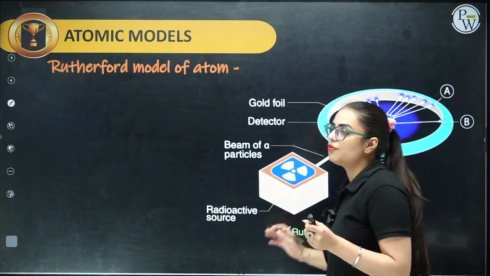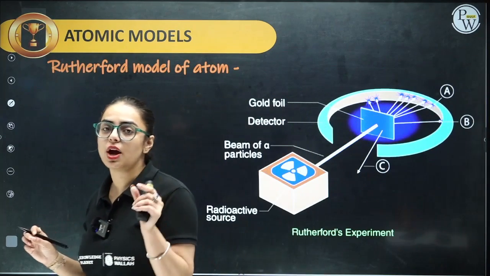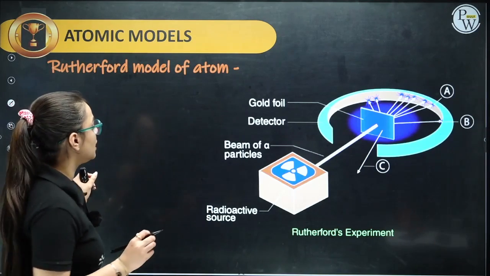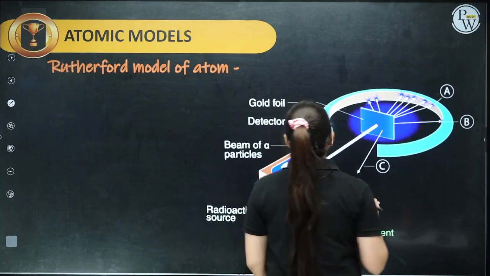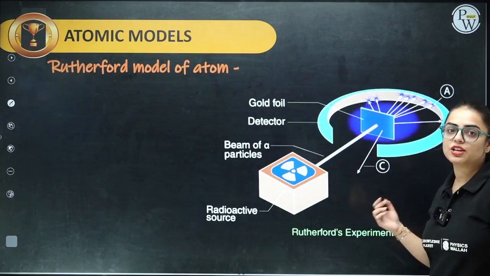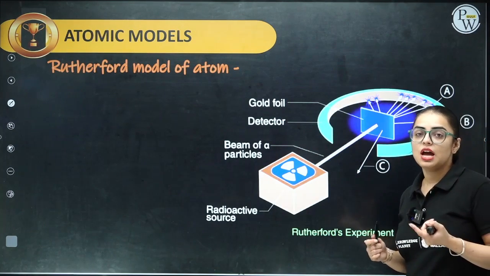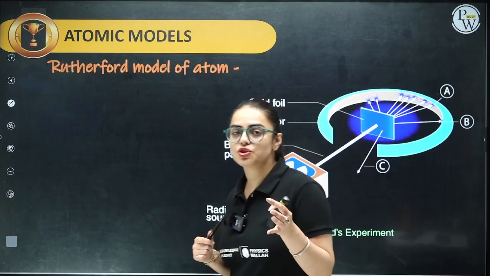In the Rutherford model of atom, what he did was take a radioactive source, and after taking a radioactive source, he bombarded it with rays of alpha particles. What he saw was that deviation was observed at different angles. What was the deviation? Let us understand.